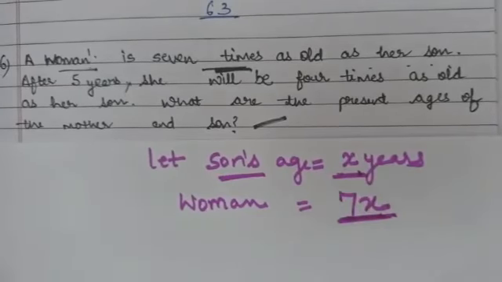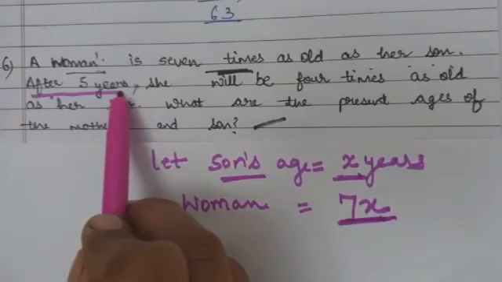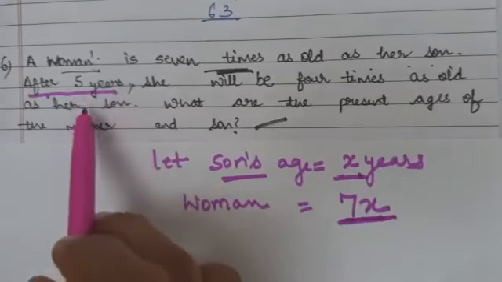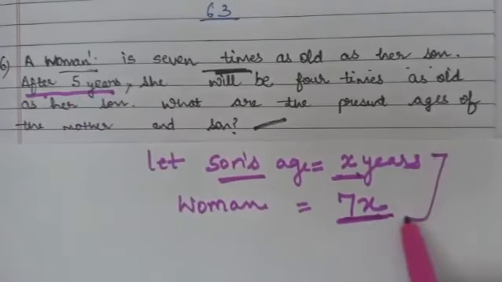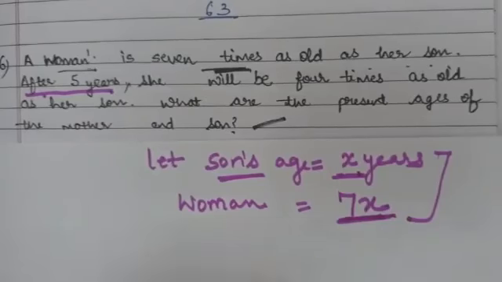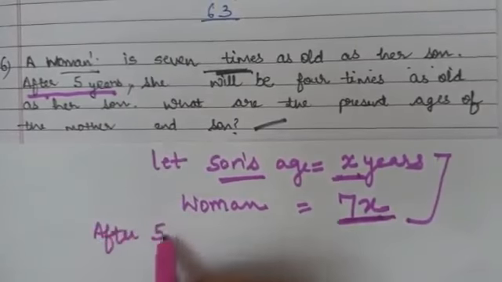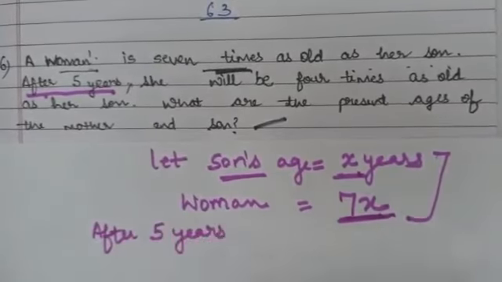Now let's read further. After 5 years. So students, first of all, we are here now. Let us move to 5 years after. Now after 5 years, what will be their ages?